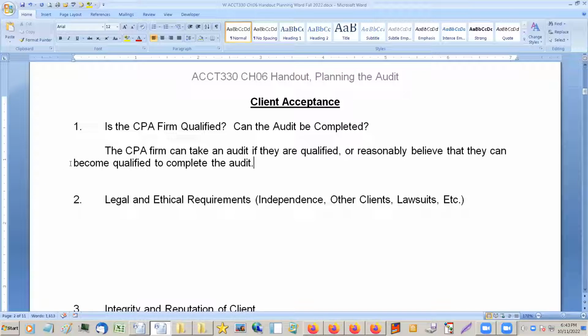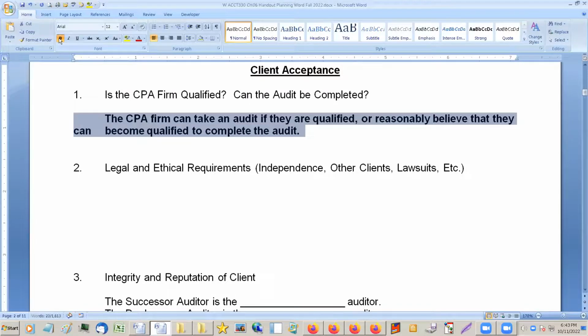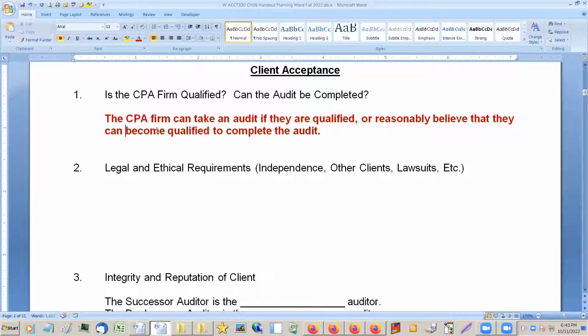To complete the audit. Okay, so if they're qualified, obviously they can take it. Or reasonably believe they can become qualified to complete the audit. And they may hire people who've done these kinds of audits. They may hire consultants to help them.